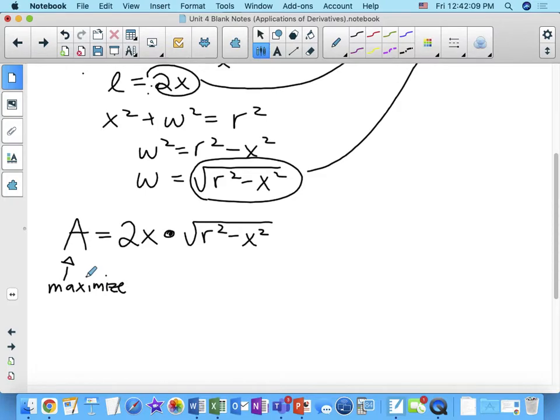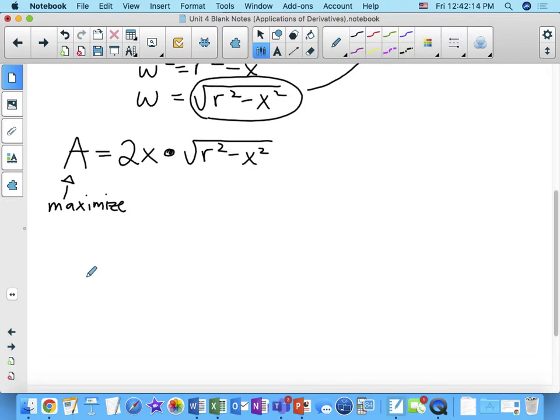All right. So to do that, we have to take the derivative. Now I'm going to rewrite this as 2x times r squared minus x squared to the 1/2, because to take the derivative of this, I need to do a product rule. Right? So my u is going to be 2x. My u prime is 2.